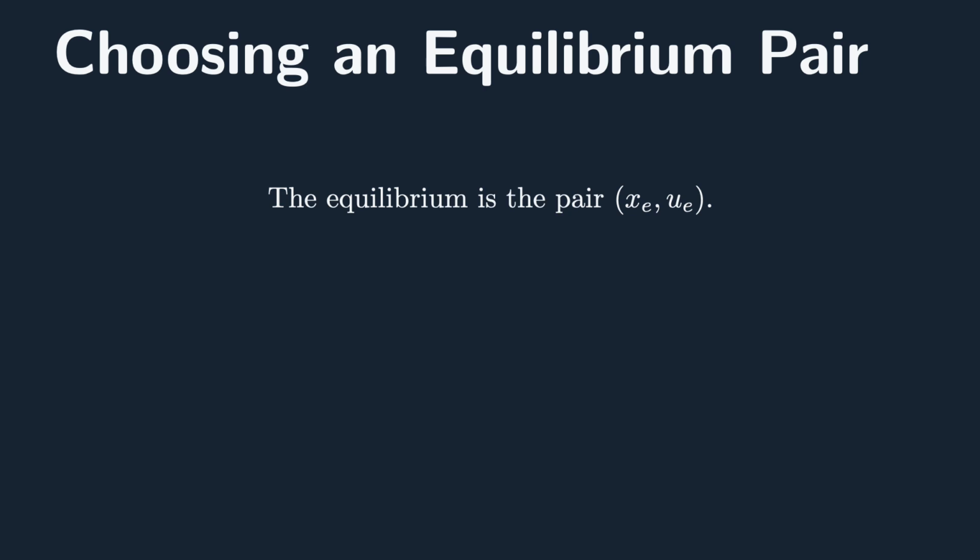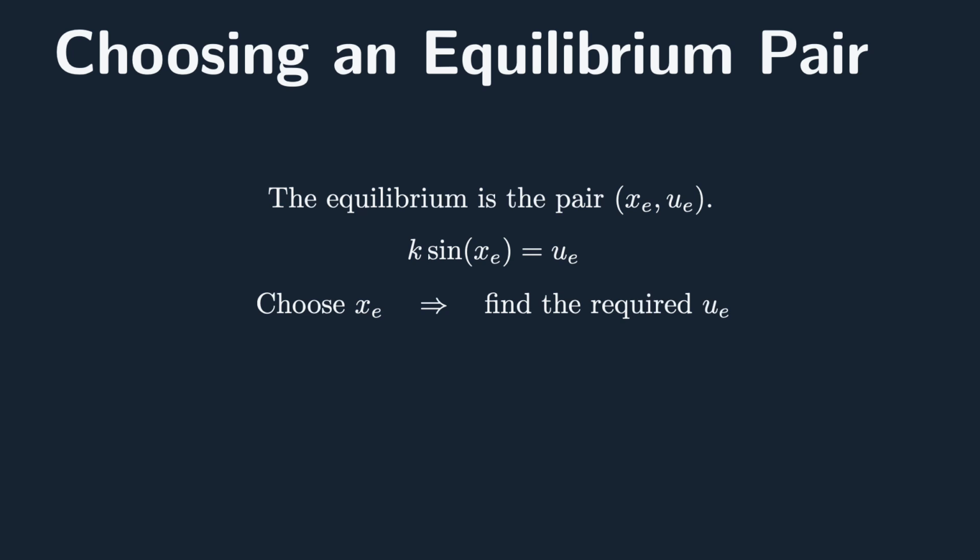For our example, the equilibrium condition is k sine xe equals ue. If we choose xe, this equation tells us the constant input ue needed to hold the system there. But we can also go the other way. If we are given ue, then we have to solve k sine xe equals ue to find the possible equilibrium values. As we just saw, that equation may have no solution, or it may have several repeating solutions.